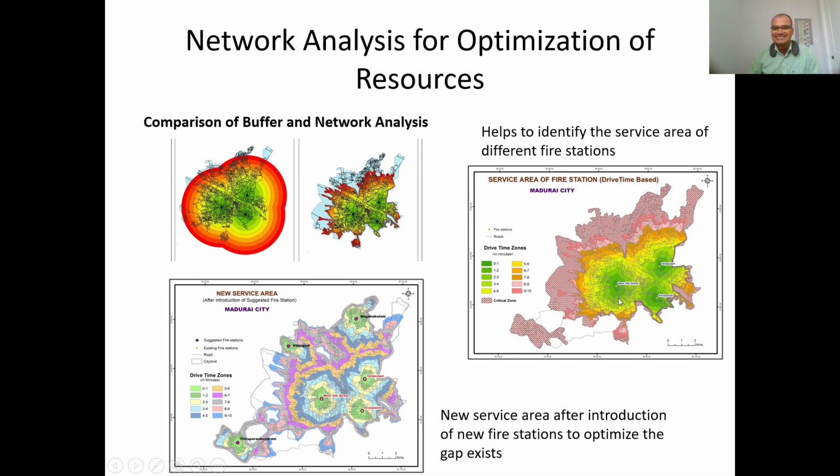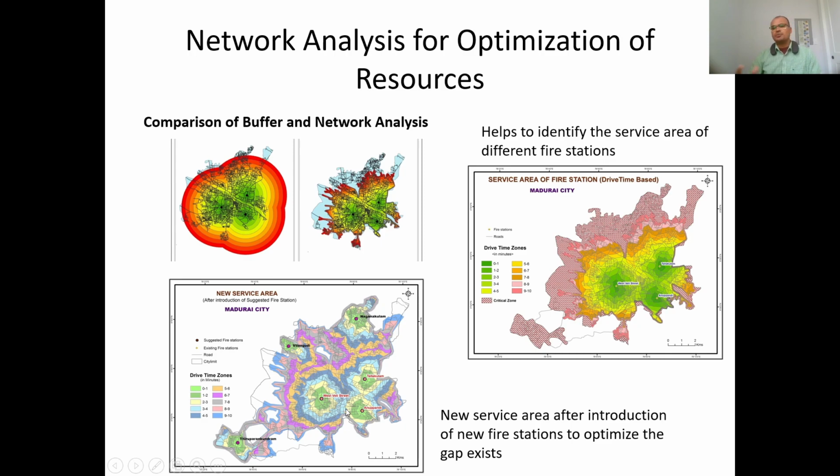So based on this analytical information, I proposed the establishment of three more fire stations to cover the city in a better manner. And after that, I ran the new service area again based on the establishment of new fire stations, and found that within 10 minutes of drive time, you can cover the entire city.